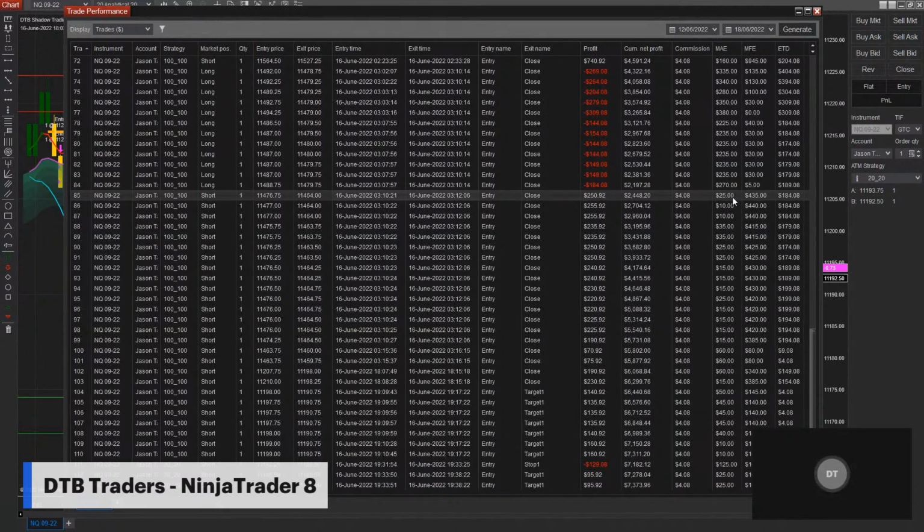It went, 4 times 5 is 20, that's 5 ticks against me, which is including the slippage. So 5 ticks against me, and then it went $435 worth of ticks in my favor, and then I exited it at 250. So you are able to pinpoint how effective your entries are based on this chart.